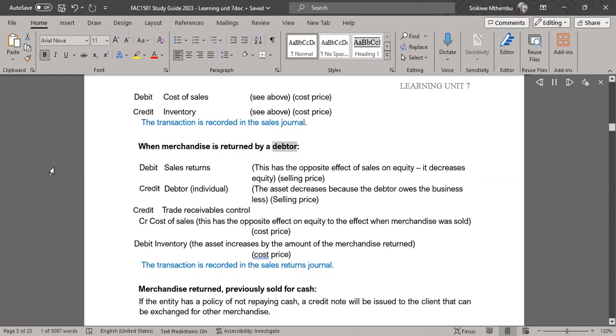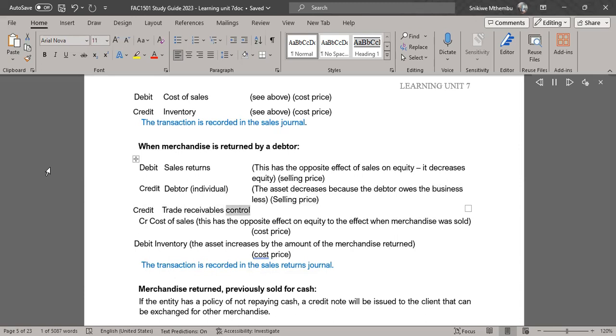When merchandise is returned by a debtor. Debit sales returns. This has the opposite effect of sales on equity, it decreases equity, selling price. Credit debtor, individual. The asset decreases because the debtor owes the business less, selling price.